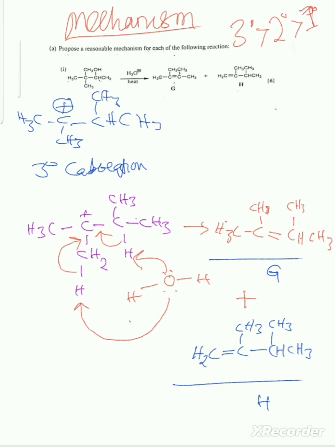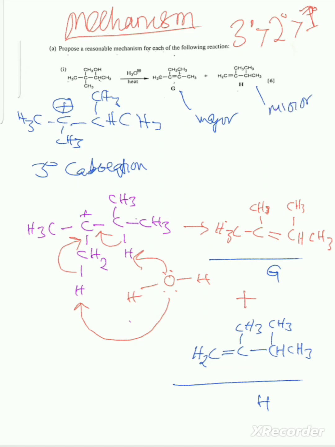Now there are some conditions that will favor the Hofmann, which is H. This H. So this one is a major product, and this one is a minor product.